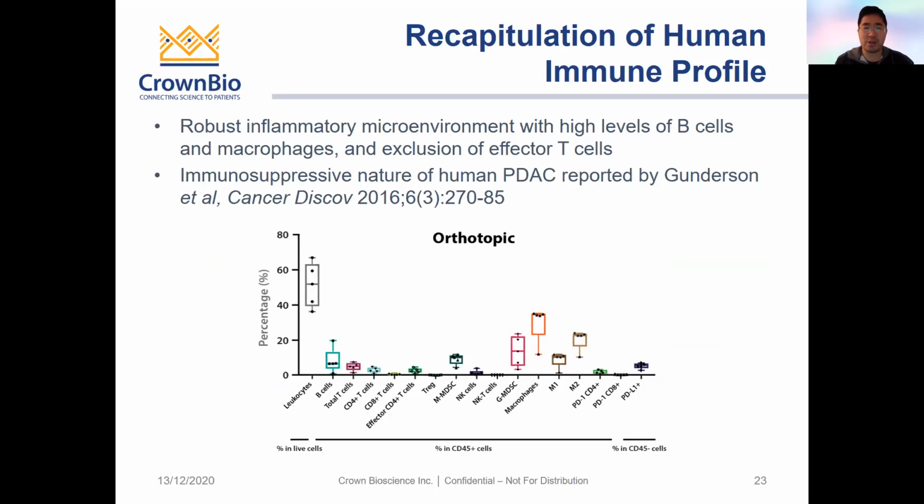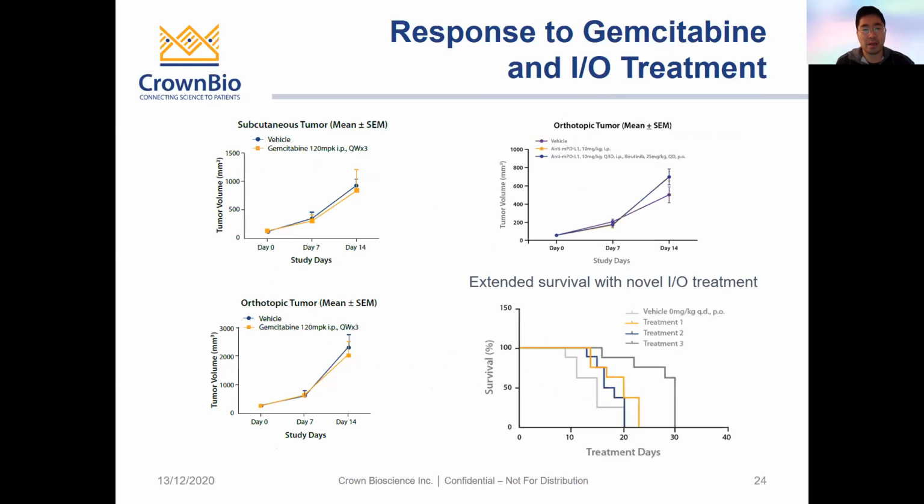It also has a robust inflammatory microenvironment, with high B cells and macrophages, but very low effector T cells. When we tried some standard of care, with gemcitabine, sub-Q and orthotopic, and anti-PD-1 or anti-PD-L1, they all had no impact on tumor growth. While using some novel IO treatment, we do see improved survival.